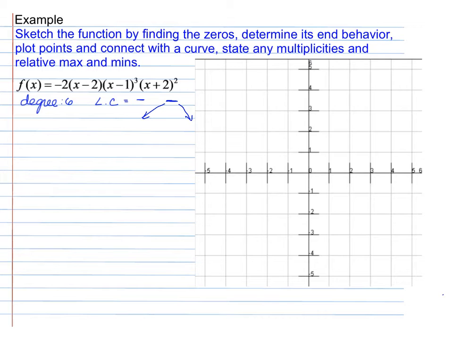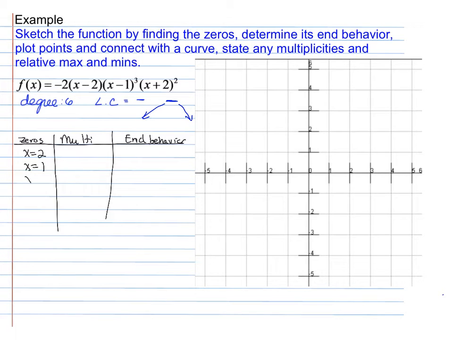Like the previous examples, I'm going to do a chart with my zeros, my multiplicities, and my end behaviors. So for x minus 2, I have a zero at 2. For x minus 1 cubed, I have x equals 1.